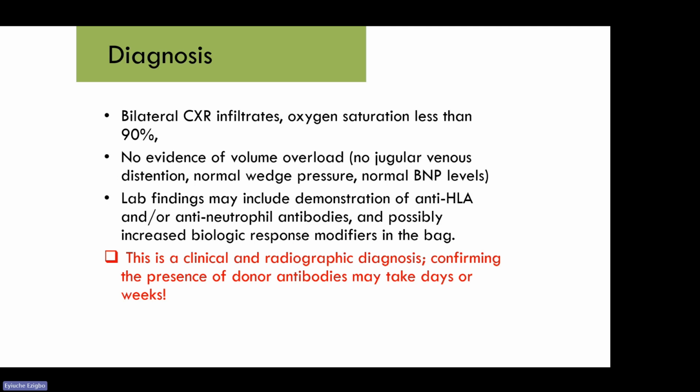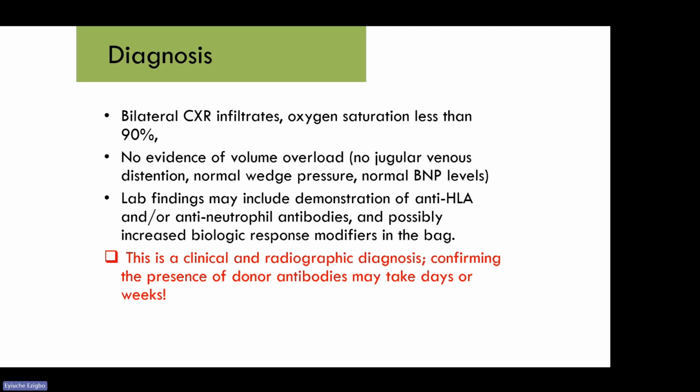There is no evidence of volume overload. That is, when you look at the neck and observe the jugular veins, you find that they are not distended, not overloaded, although the person is suffering from respiratory distress and lung injury.